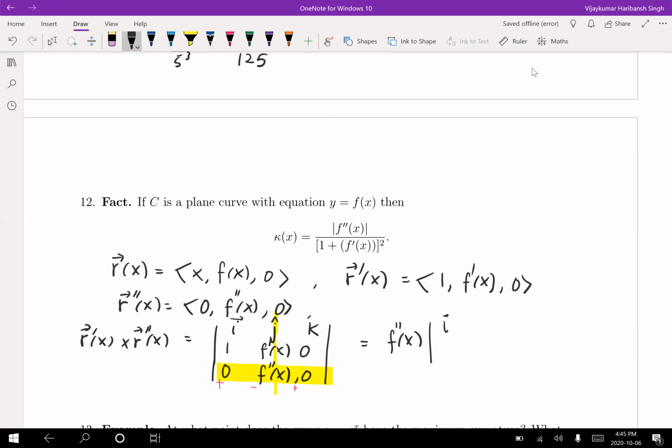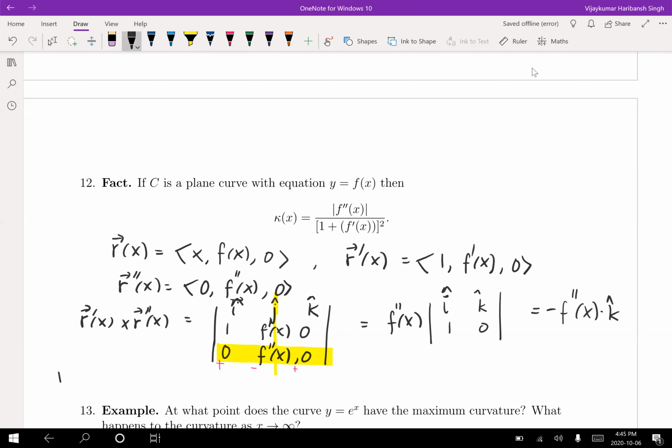You want to write a cap or an arrow, doesn't matter. They are well known what they are. So i, 1, k, 0, and this is going to be minus, so f double prime x times k with a minus sign.